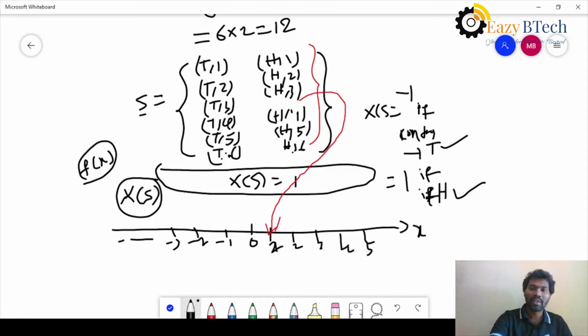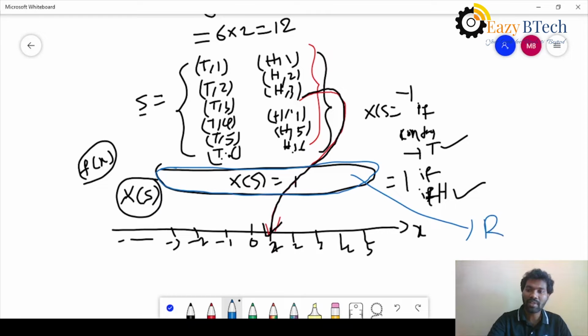Now here there are six outcomes which are facing head. That's why I am mapping these head possibilities into the real axis through my function. What is my function here? My function is this X of s. You should map your sample space through the random variable only, then only it is valid. There should be a mediator, and this is the random variable.